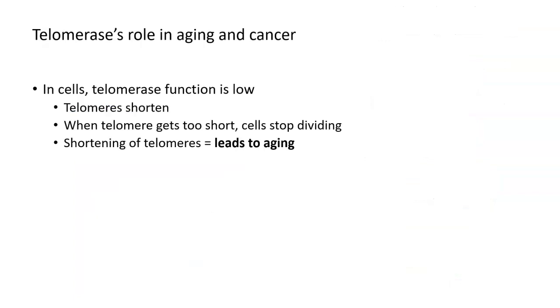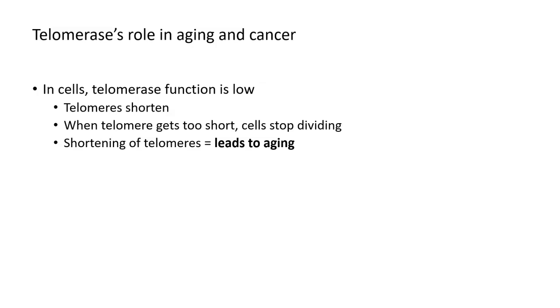Interestingly, there's a role for telomerase that's been identified in both aging and in cancer. In your cells, overall, telomerase is not a super high functioning enzyme, and so your telomeres do get shorter with every round of DNA replication, or every time your cell divides. Once those telomeres get too short, the cell receives a signal to stop dividing and enter a period called senescence, where it will still remain alive but will no longer divide.